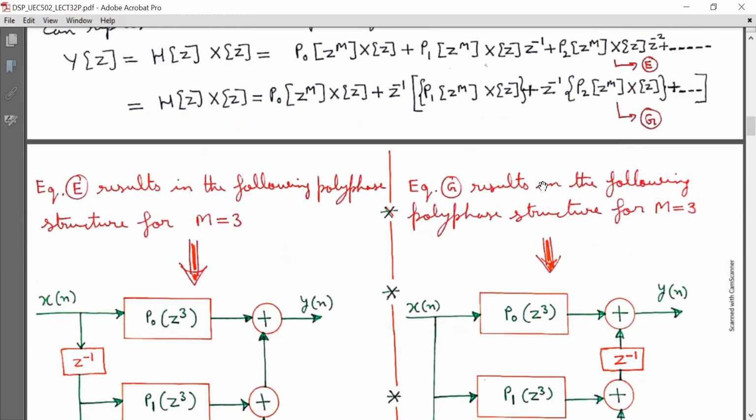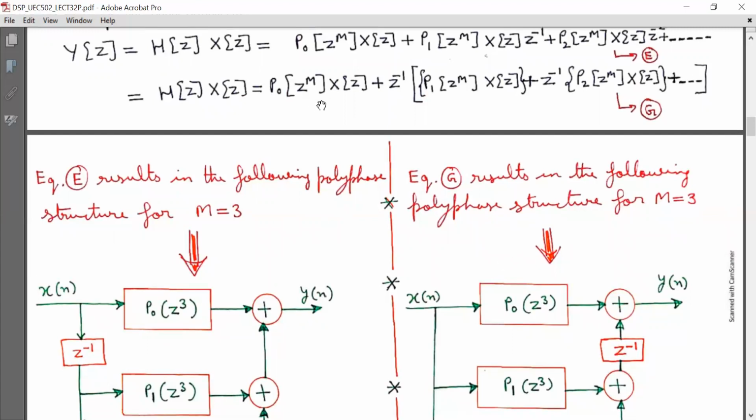Similarly, equation G results in the following polyphase structure for M is equal to 3. Now Y(Z) is equal to P0(Z^3) X(Z) plus Z inverse bracket P1(Z^3) X(Z) plus Z inverse P2(Z^3) X(Z). The first term is X(Z) into P0(Z^3), and then it is going to be summed.